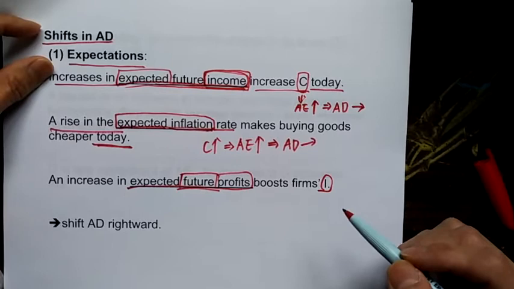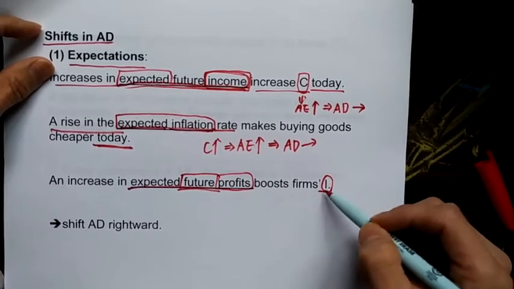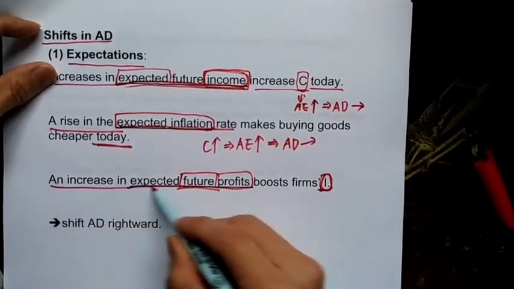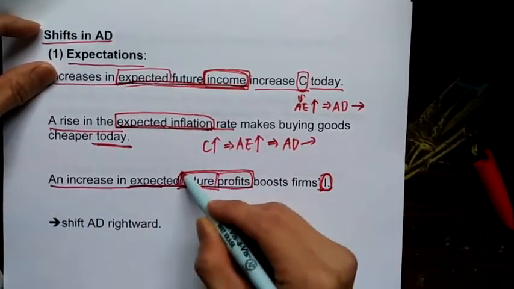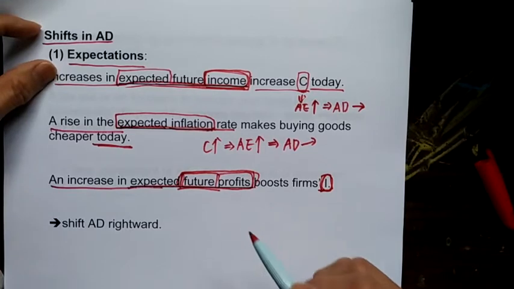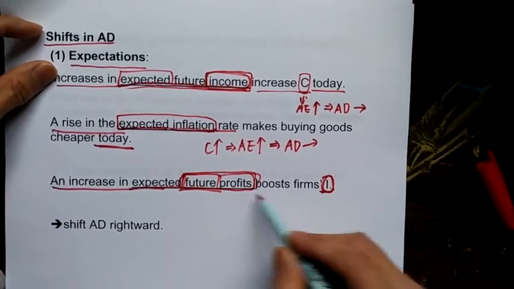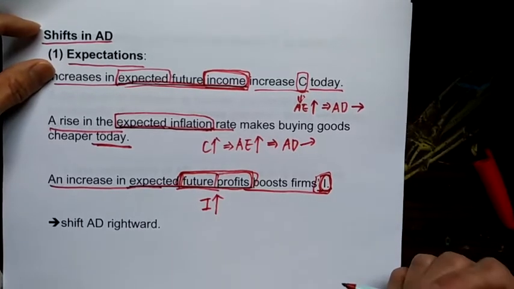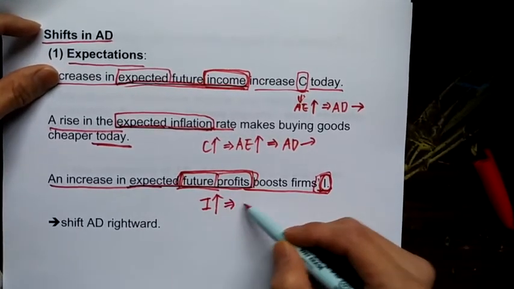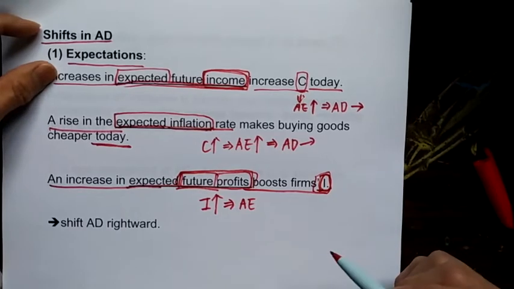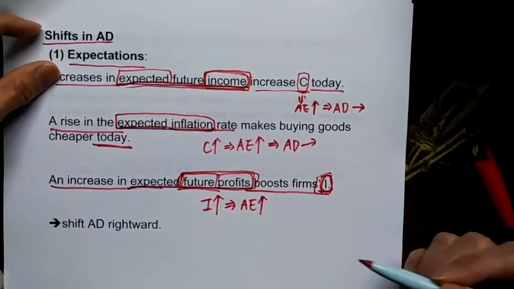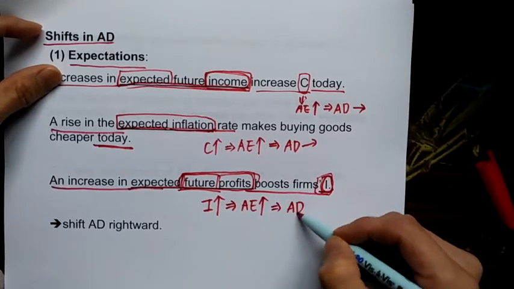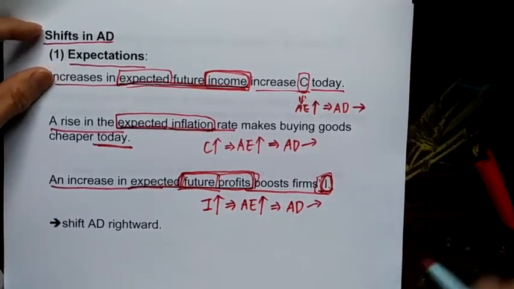How can they pay people salary? They have to borrow money to do investment. Therefore, if Ford expects future profit to be higher, they should invest more now. Therefore, investment increases. Investment is part of the aggregate expenditure function. Therefore, aggregate expenditure increases, and the aggregate demand curve shifts to the right.